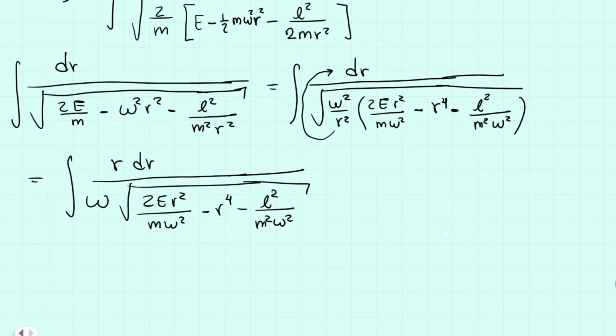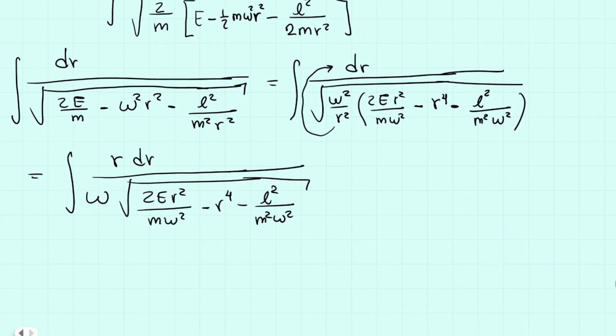Okay, so what we are going to do now is, you can very easily notice that this process is very similar to what we have done first. So we are going to take u as r squared, okay?